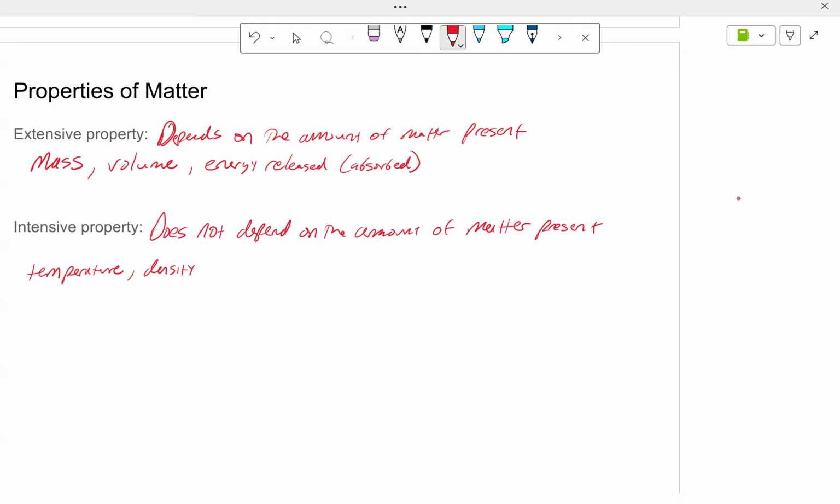Water is always going to have that same density. Or things like boiling point, melting point, color, hardness. Those properties don't depend on how much matter is present. And it's possible for matter to have both types of properties simultaneously.